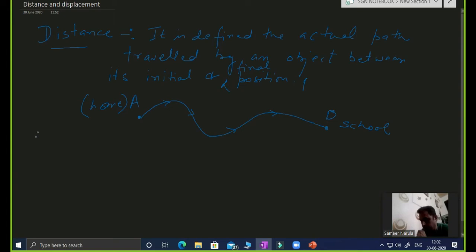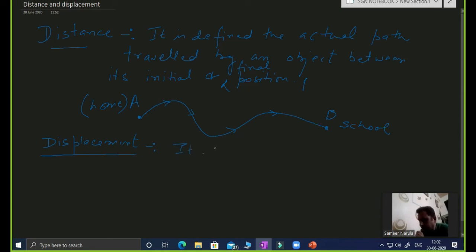In the same way, we come across the definition of displacement also. And with this example, we also understand what the meaning of displacement is all about. First of all, I go with the definition part of it.